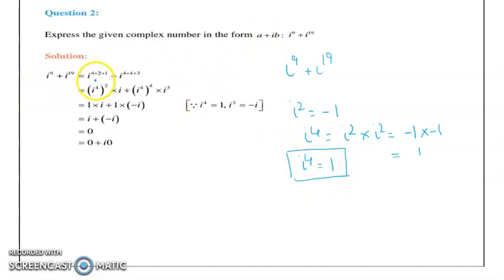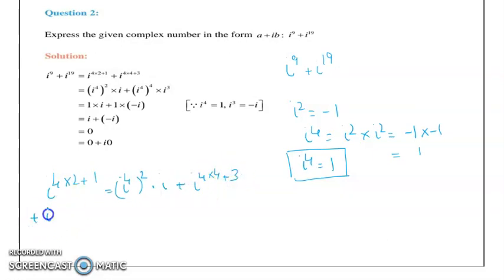i9 can be written as i4 into 2 plus 1, because 4 twos are 8 plus 1 is 9. So this is equal to what, students? i raised to the power 4 whole square, into i. And similarly for i19, I can write 4 into 4 plus 3.